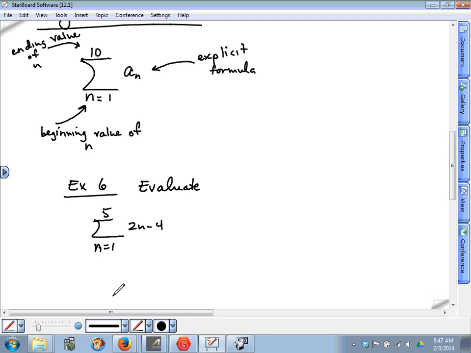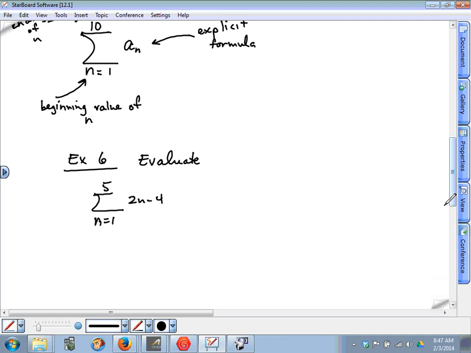So we're supposed to find a partial sum. But in order to add up terms of a sequence, we have to know what those terms of the sequence are. Now, how many terms are we adding up? Are we adding 5 terms? Okay. So what are those 5 terms? So we're adding the number 1 plus 2 plus 3 plus 4.